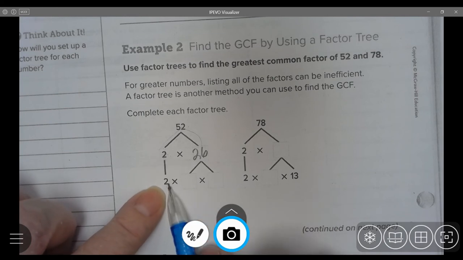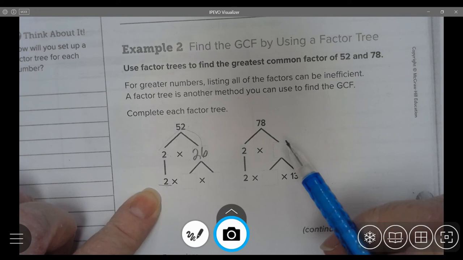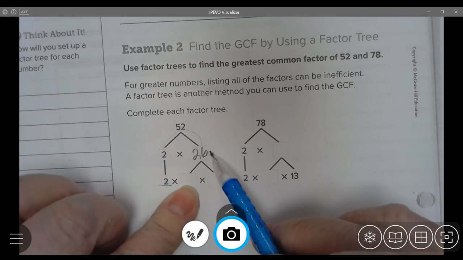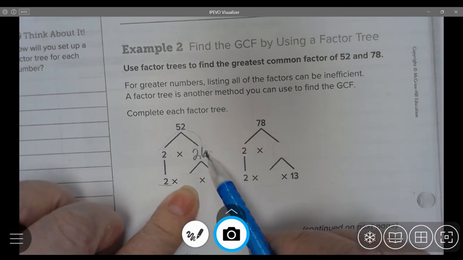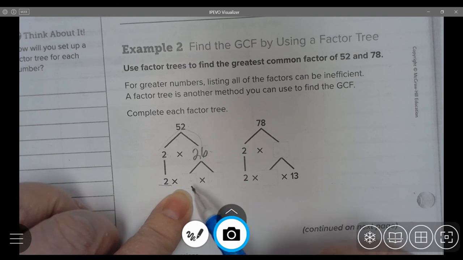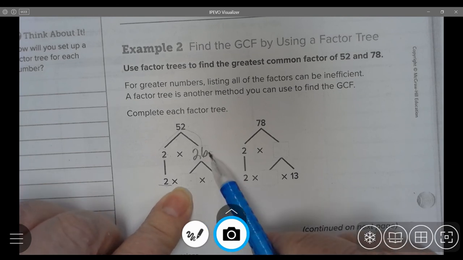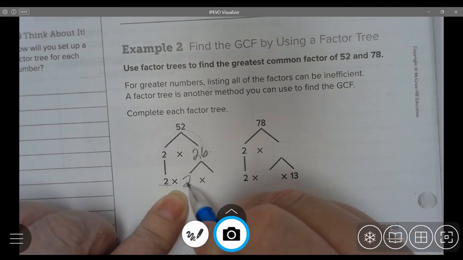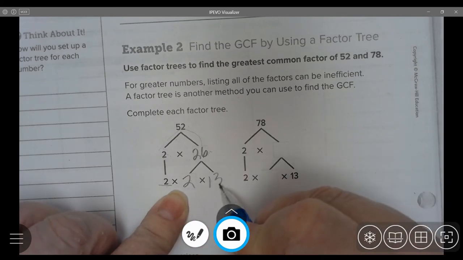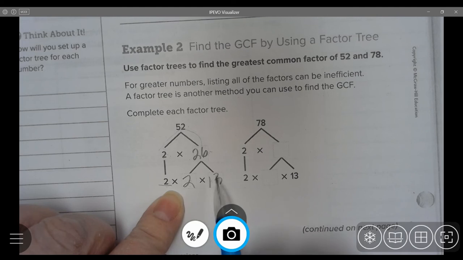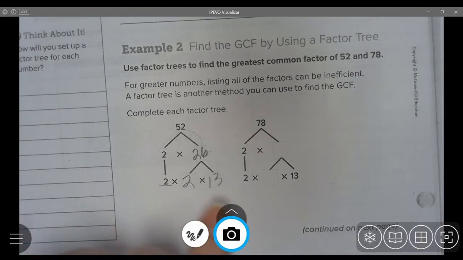No, it can't. So 2, I'm going to leave 2 here. But 26, I can break it down because there's other factors. So what are two numbers that can be used to show as factors of 26? In this case, we can do 2 and 13 because we know 2 times 13 equals 26.